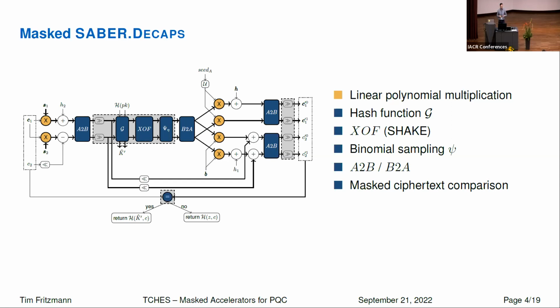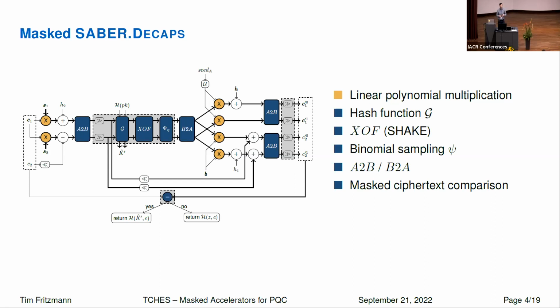Now, when we have computed the re-encryption, we can check if the input ciphertext and the output ciphertext are identical. And if it is identical, we can forward the decrypted value to the output. So this re-encryption will prevent chosen ciphertext attacks.